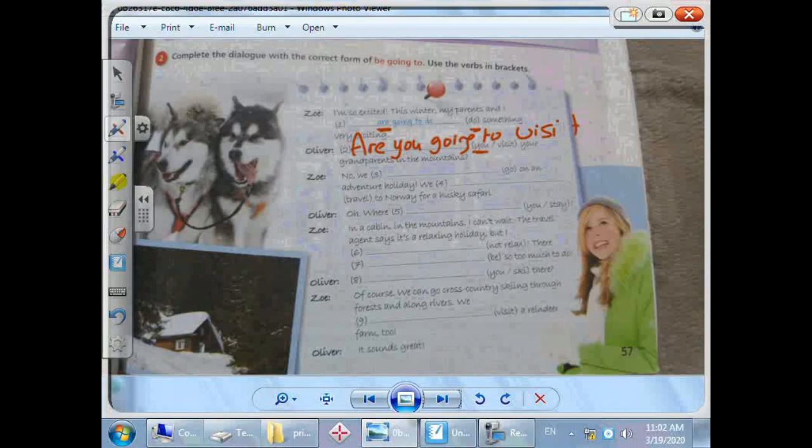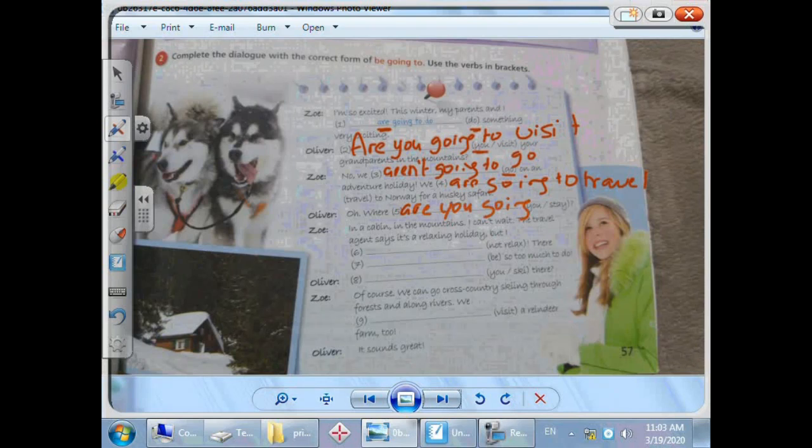No, we, here it's in the negative, aren't. Excellent. Aren't going to, and the verb go. Okay, on an adventure holiday, we are going to travel. Oh, where are you going to stay?